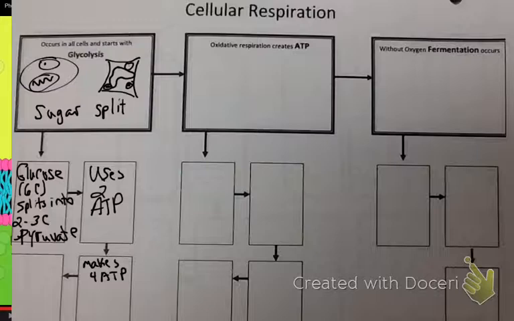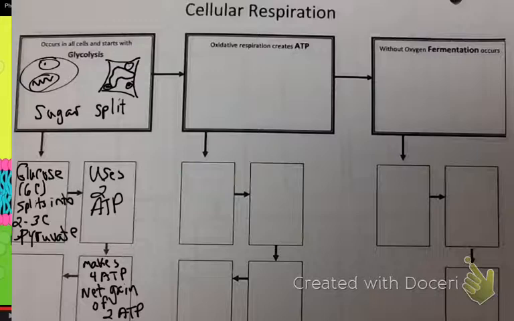Thus, this is a net gain of 2 ATP. So yeah, I know we spent 2 ATP, we gained 2 ATP.